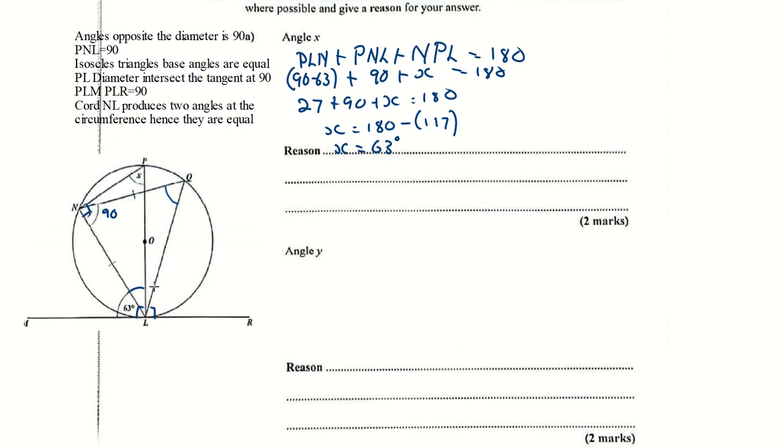Right, now this is what we have here, but they want reasons for your answer. You have to say PNL is 90 because it's opposite the diameter. I am not writing that back, I'm just going to copy and paste. This here.